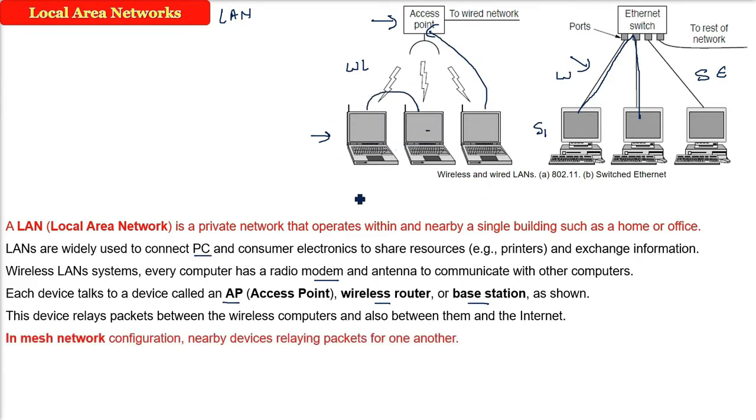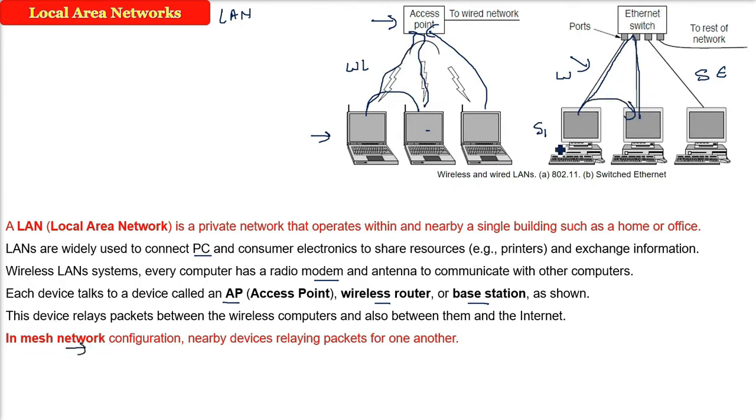There is also a mesh network configuration, where the computing devices can send and receive packets from one another. Why am I saying that? Because in both the previous cases, the devices have to send packets to the switch or access point and then it comes back. There is no direct connection between two devices.